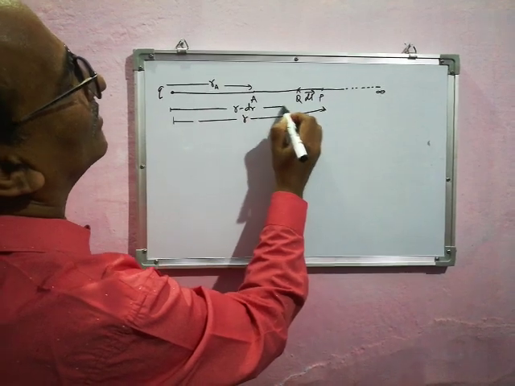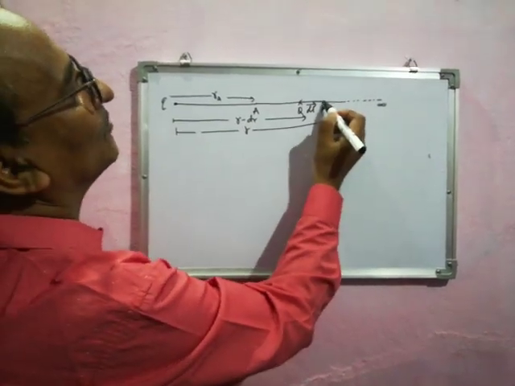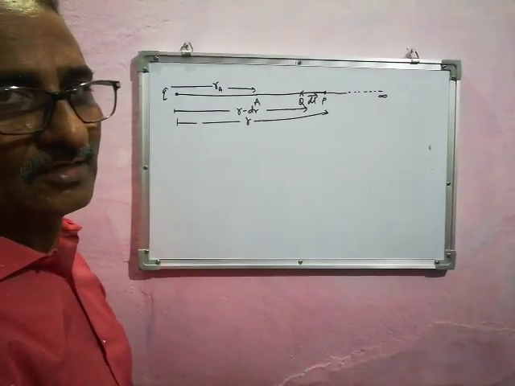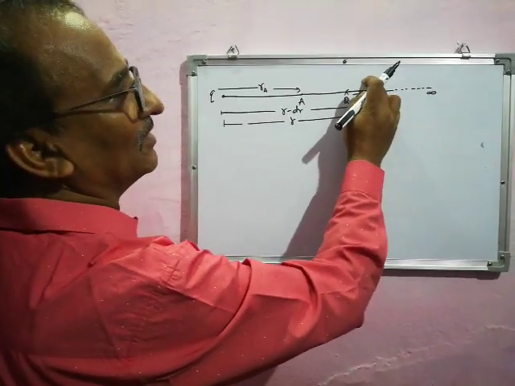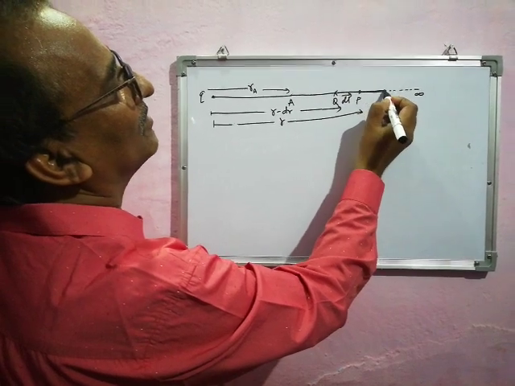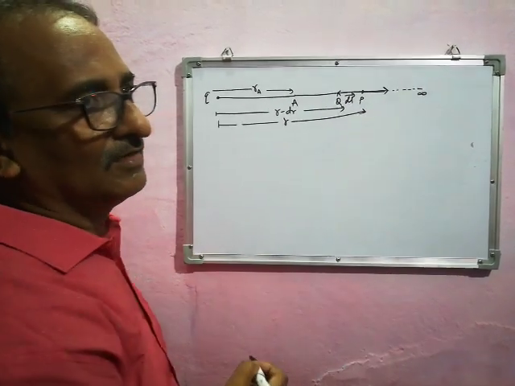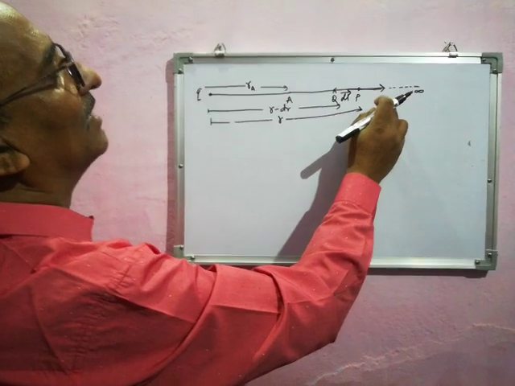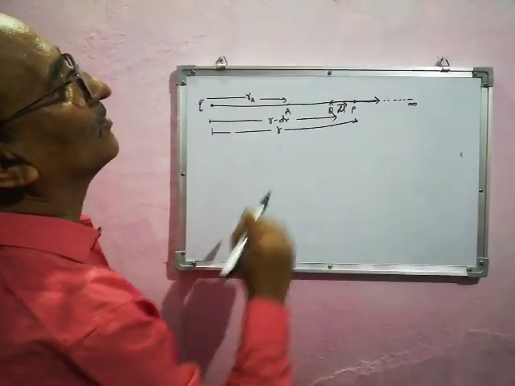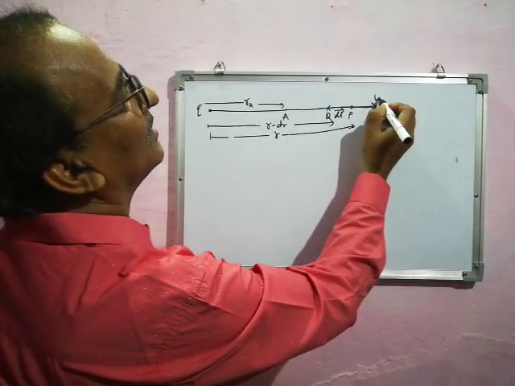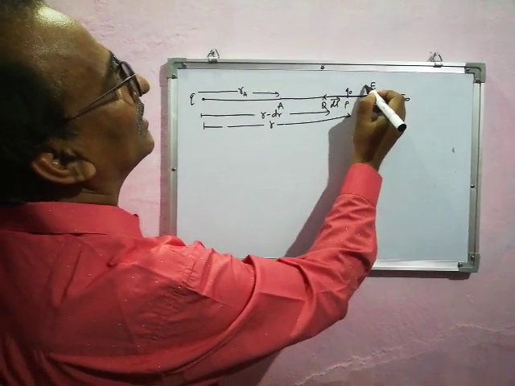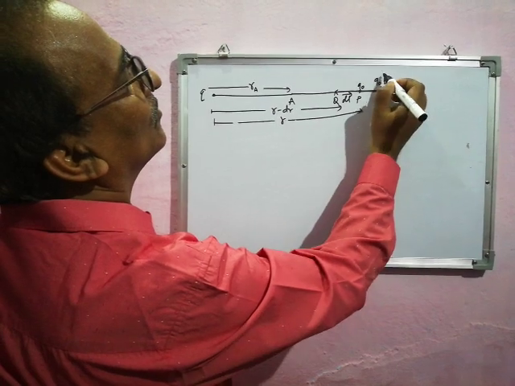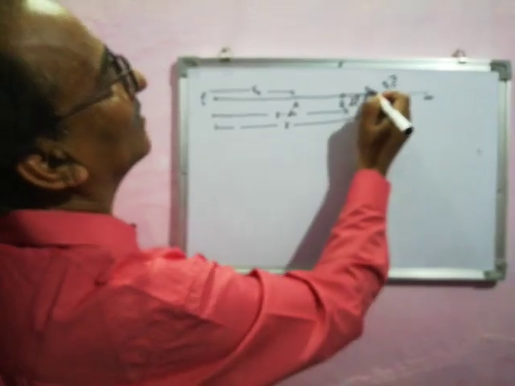As we know, electric field is the force acting on a unit positive charge, so if a positive charge is kept here, it will experience force in this direction, so the electric field is directed along this direction due to the source charge. Suppose it is E, and if a test charge Q0 is kept here, it experiences force Q0E in the direction of the electric field.